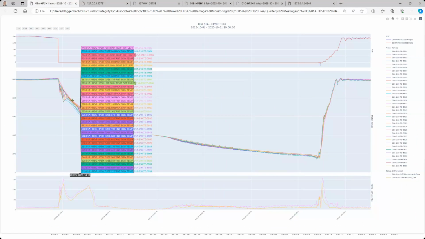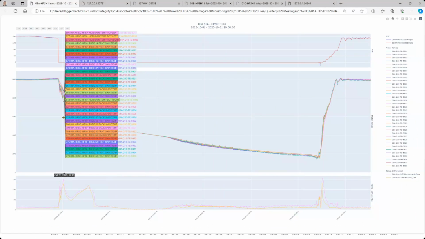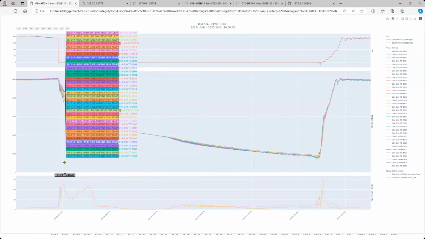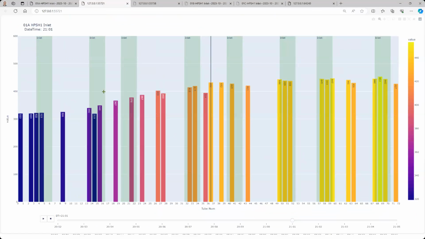As I was saying, on this temperature plot, you can see right here about 12, 15 or so is when that differential hits. This is then a plot of the temperatures across the width of the HRSG, where the black line divides the left side from the right side, and the green boxes are the inlet areas or the crossovers from that interstage.